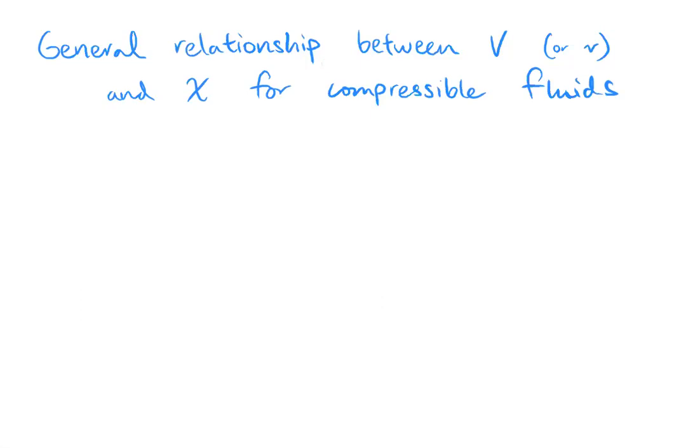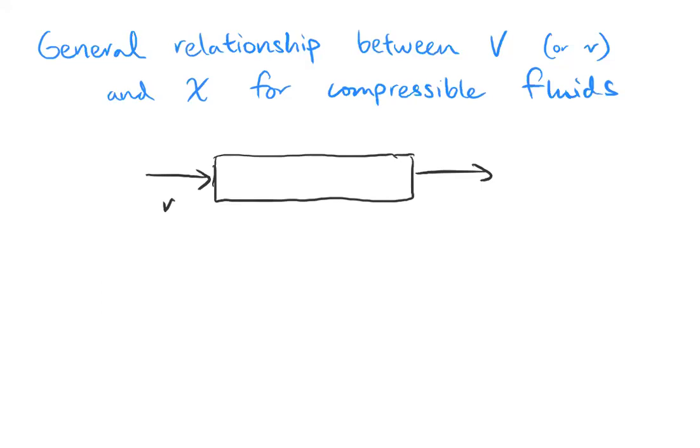So I'll first draw this as if it were a flow system, but really these two situations, at least for this concept, are not going to be so different. So we have some components coming in and some components leaving. Let's say we have then our volumetric flow rate in and a volumetric flow rate out.